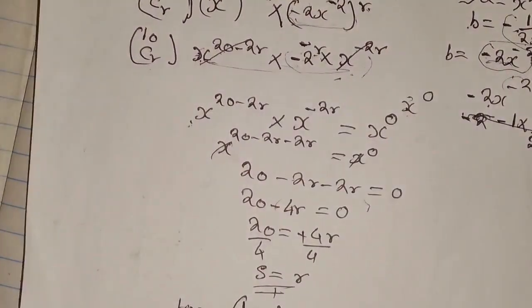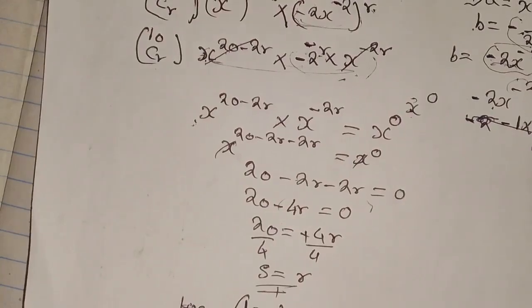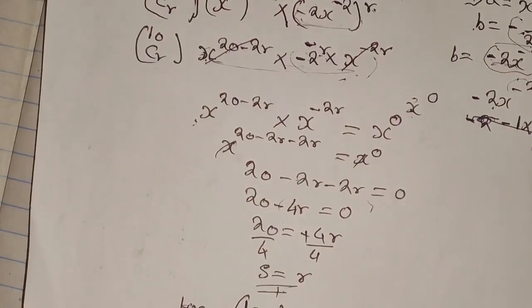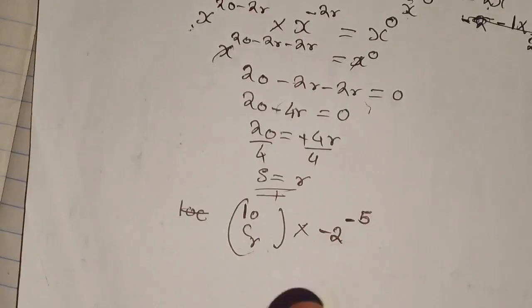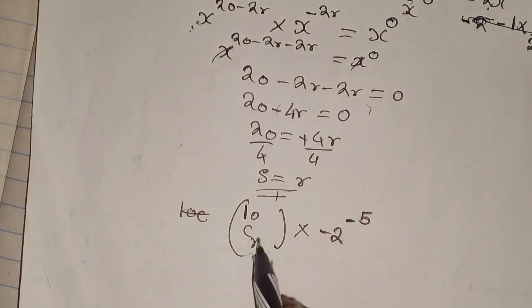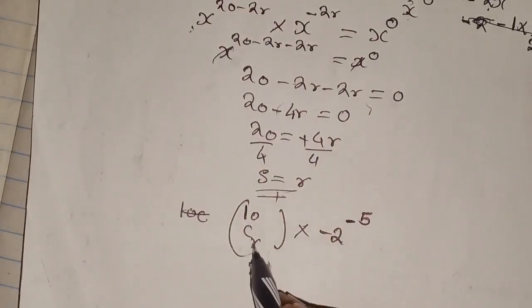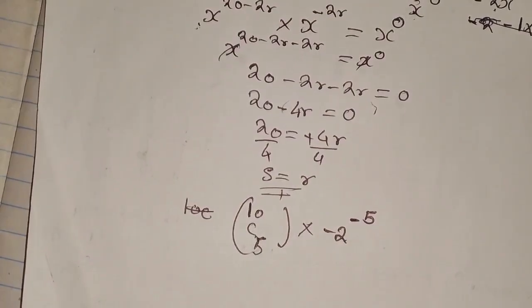So we're going to have our r, which is 5, so we have to the power negative 5. Then 10 choose our r found to be 5. So you just press on a calculator 10 choose 5. This will give you 252.